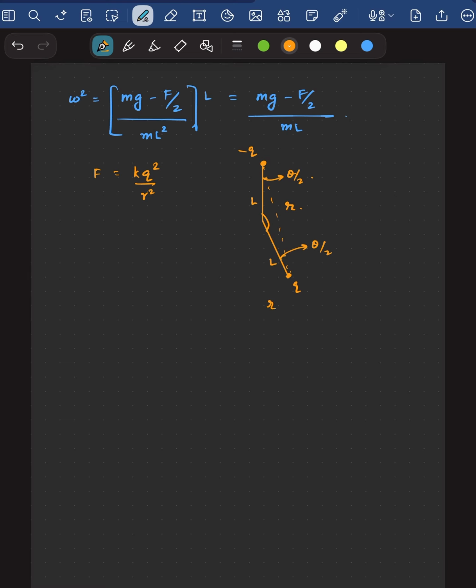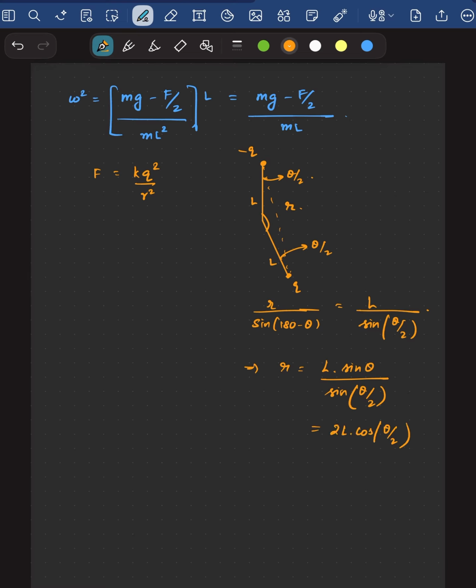I can write r by sine of 180 minus theta equals L by sine of theta by 2. So your r will turn out to be L sine theta by sine of theta by 2, which is equal to 2L cos of theta by 2. But because theta is small, we can assume r to be equal to 2L itself.